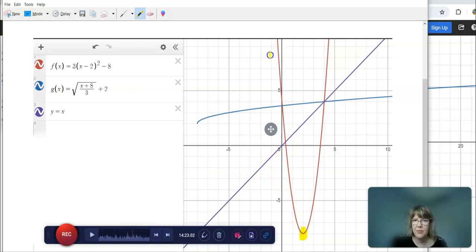Basically we get rid of all of this part. We would say x has to be greater than or equal to 2. Then it passes the vertical line test and the horizontal line test. And do you see how they reflect over y equals x? The two functions, the inverses, will reflect over y equals x, but we do have to limit the domain.